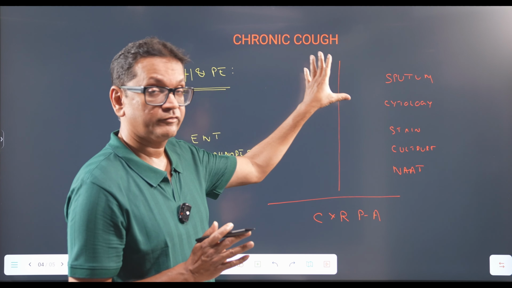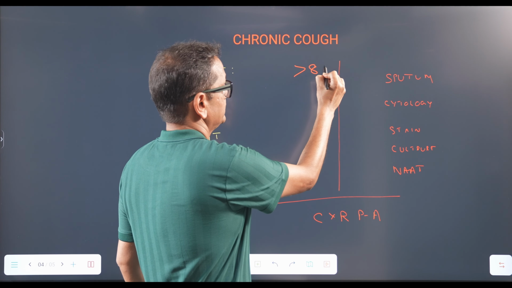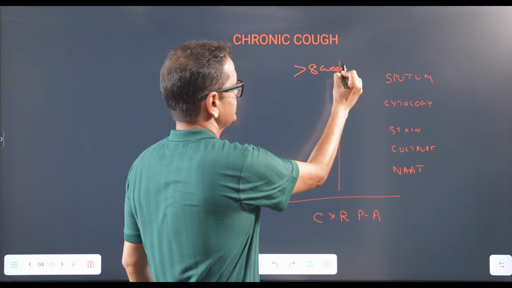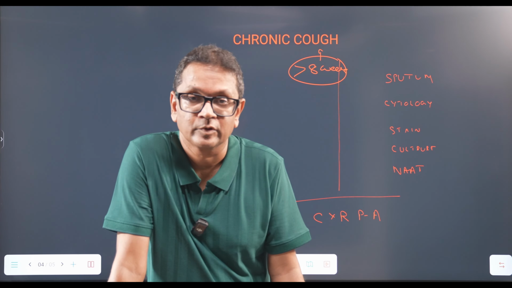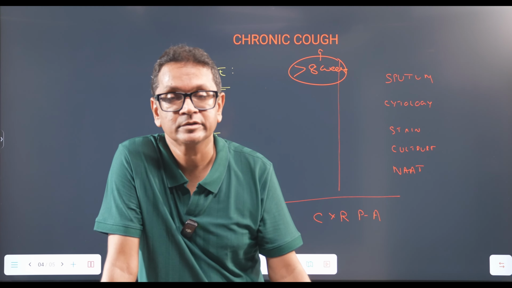So chronic cough definition, you are clear. Anything more than 2 months, that is 8 weeks, is known as chronic cough. So how to approach a patient with chronic cough? First one, again most important, is proper history.